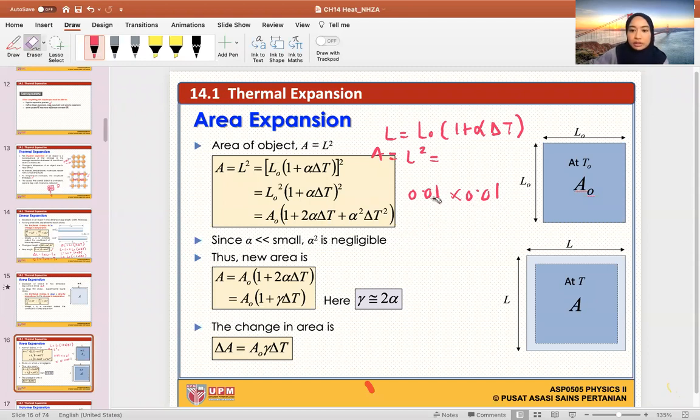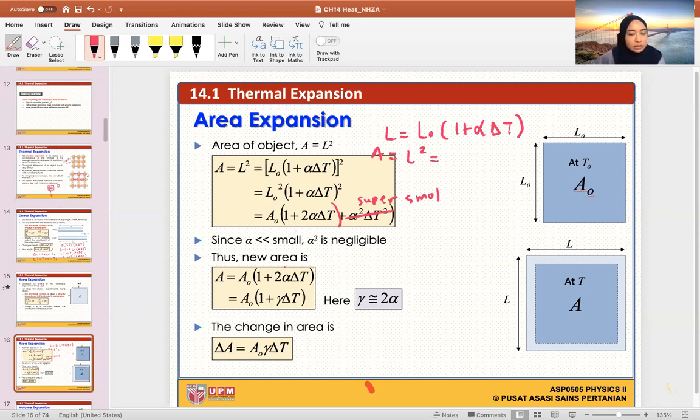So this term is neglected. We don't want to adopt it. We neglect this term and are left with just this part, because the other is super small. So now we are left with this equation.